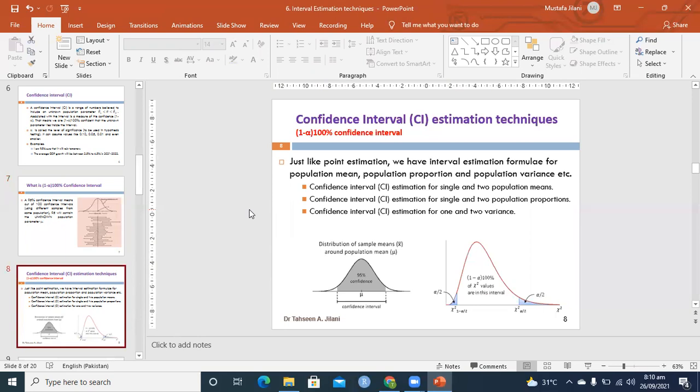Now, formally, there are confidence intervals for a single population mean. For example, the monthly income of a freelancer on freelancer.com, or daily government expenditure per day by a provincial or federal government. These are estimations for the whole year based on a sample of maybe a few days of expenditures or a few days of income of a person. Then there are two populations.